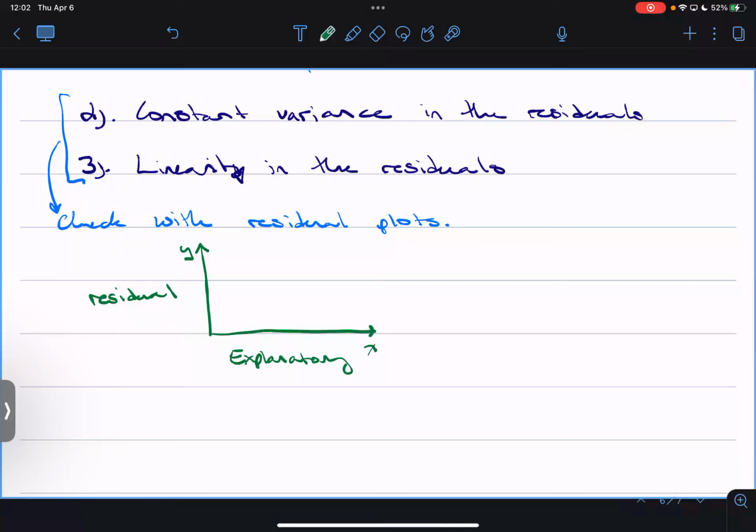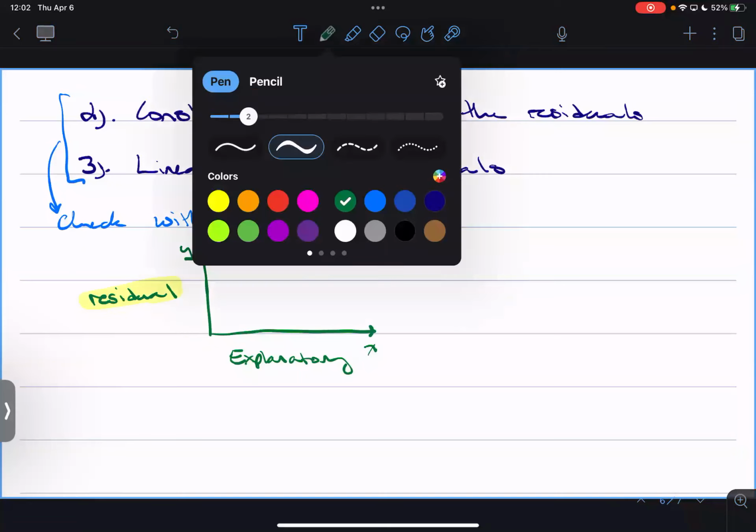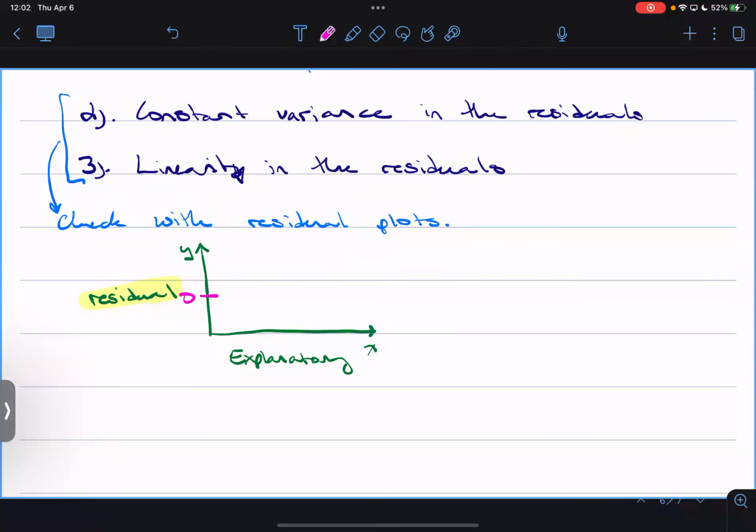The new thing here is that the residual is on the y-axis. The residual has to be centered on 0, which means that what we're looking for in a residual plot is just random, even scatter around 0.